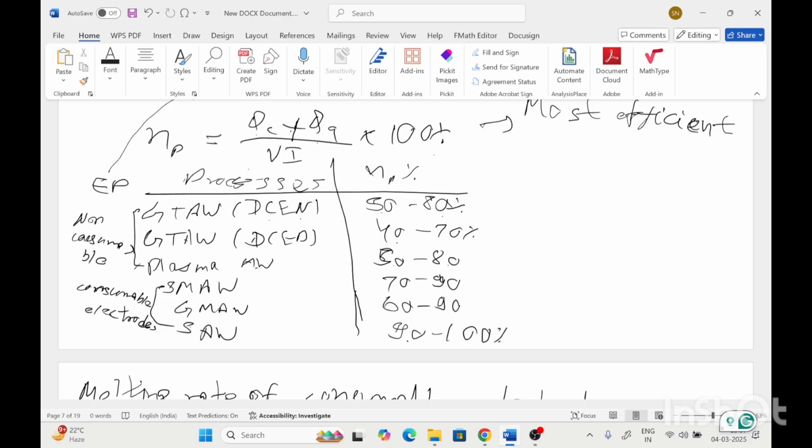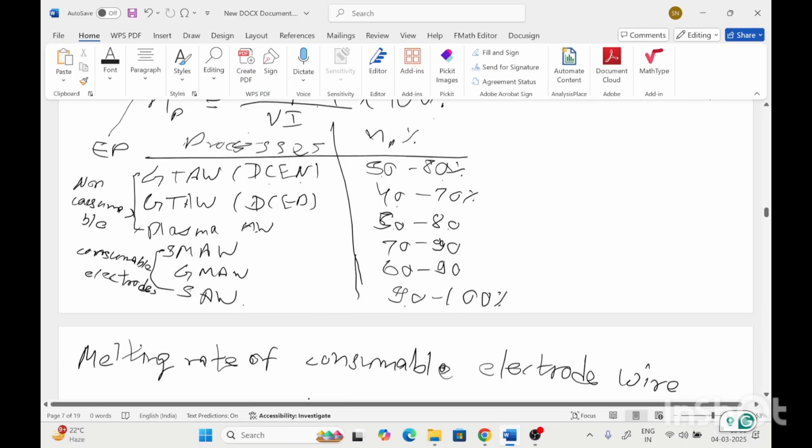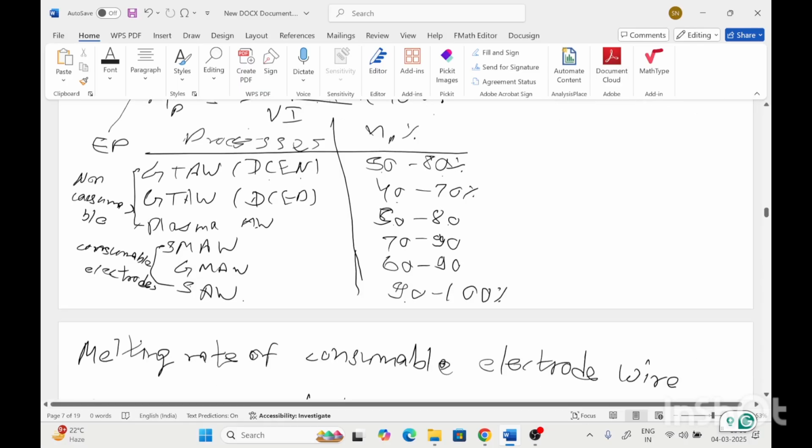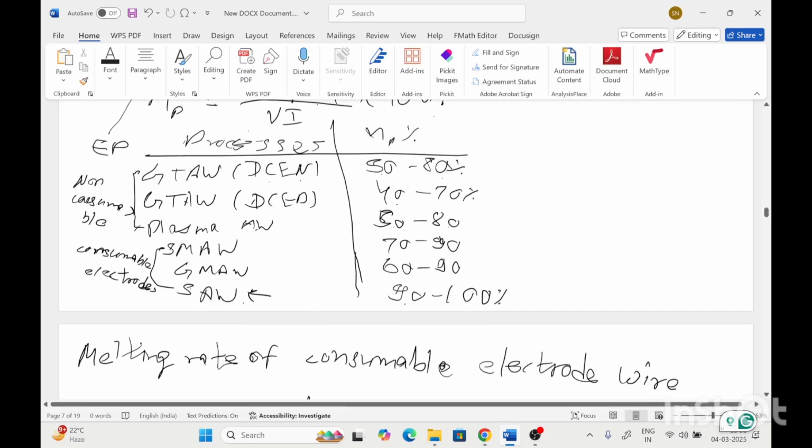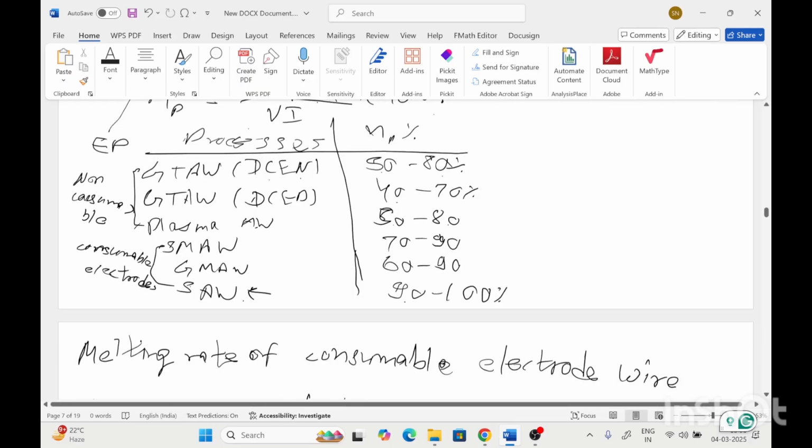And the highest heat efficiency is observed for submerged arc welding, because the heat is protected by the surrounding flux granules. So the 100% heat generated is consumed by the welding process in submerged arc welding. So up to this point is clear.